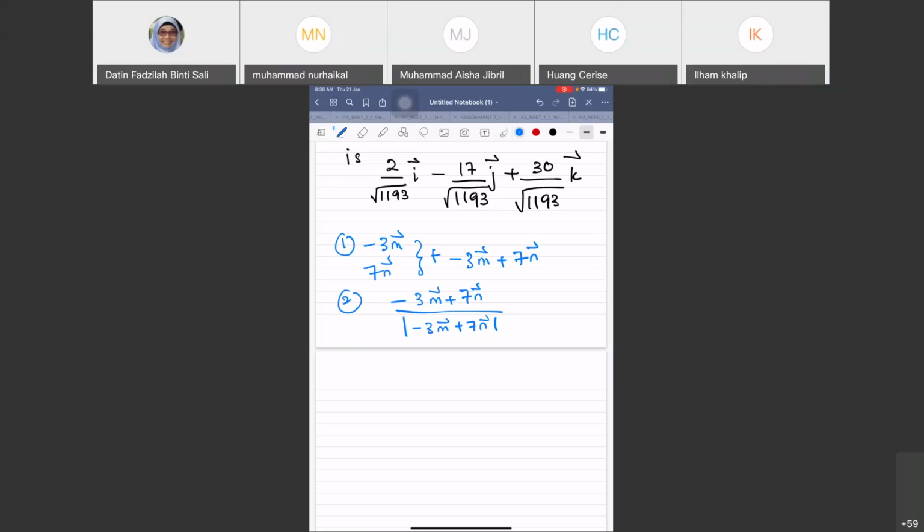But if a question says find a unit vector in the same direction and then verify your answer, the word verify means, as I mentioned last time, you just need to show that the length of the vector you have gotten, 2 over square root of 1193 i minus 17 over square root of 1193 j plus 30 over square root of 1193 k, the magnitude of that must equal 1.